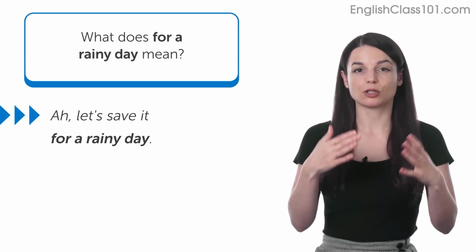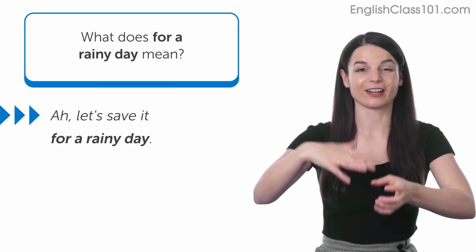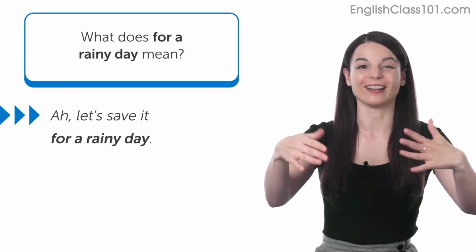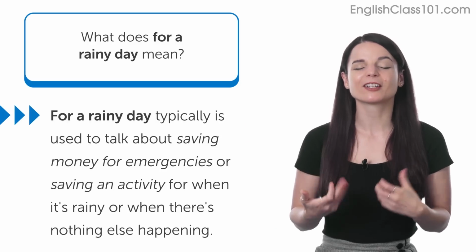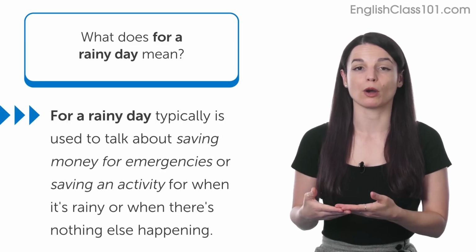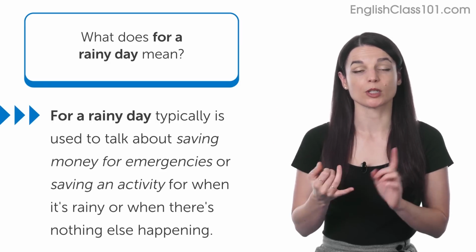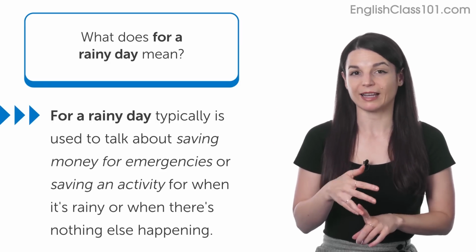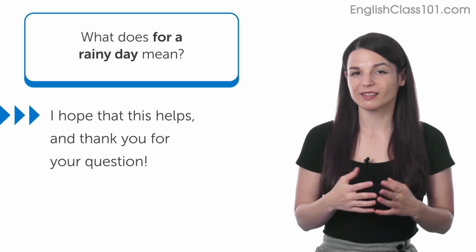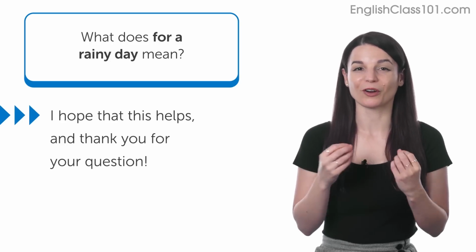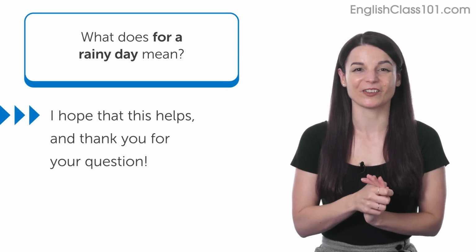So that means let's do that activity on another day or another time, maybe when it's a little quieter outside. So we have a couple of different ways that we use for a rainy day, and these are generally the situations in which we use them, when we're talking about money and when we're planning activities. I hope that this helps you understand how we use for a rainy day. Thanks very much for sending your question along.